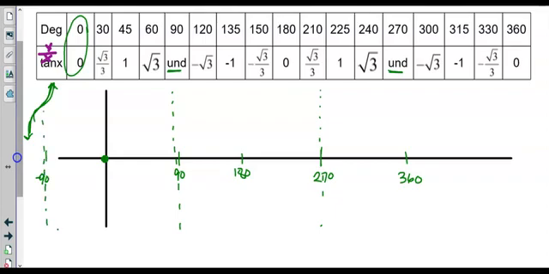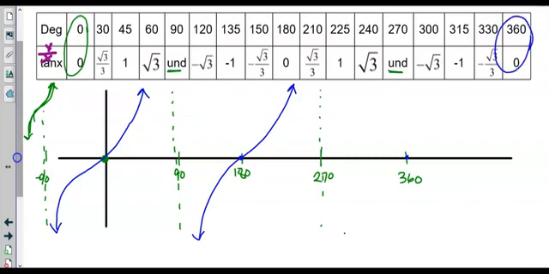Okay, and then your graph, switch colors here so it looks a little better. Your graph is going to look like this. It's going to go through 360, 0. You can see that on there. So I'm just kind of grabbing some of the important points here. Like so.